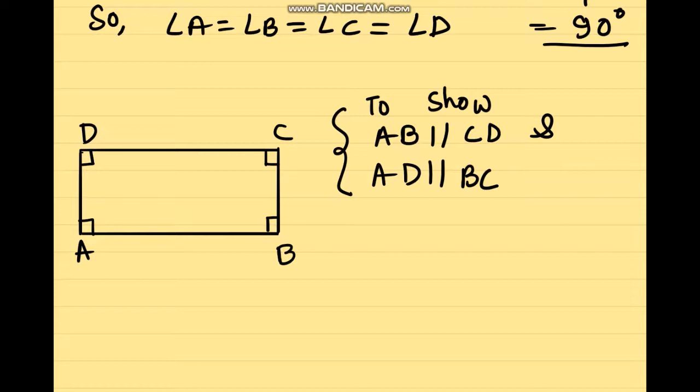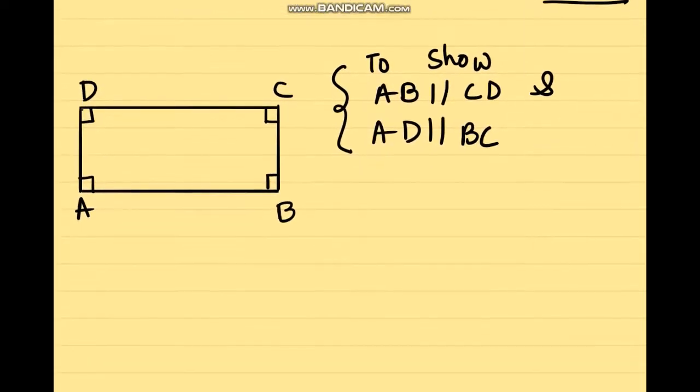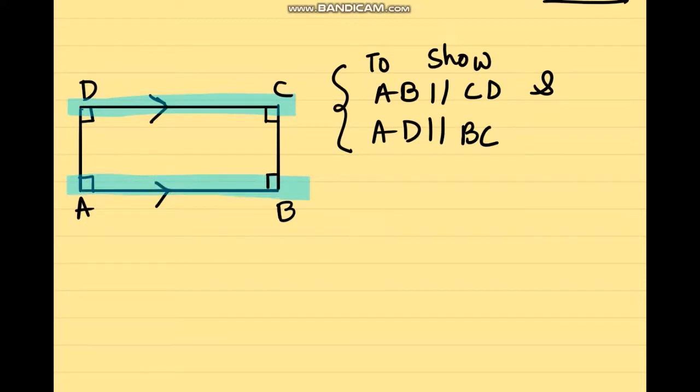How will you show it? Children, please observe properly. If you are taking AB and CD, this is CD and this is AB. Now consider AD and BC as transversals.